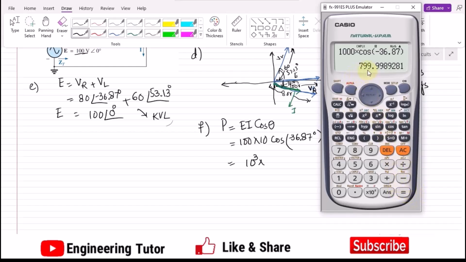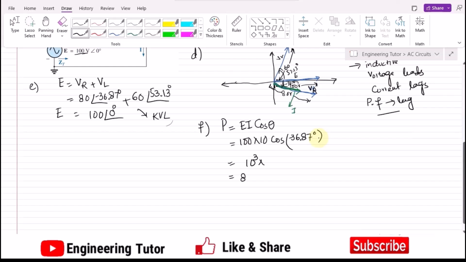So it is now 799.99, which is almost 800. So 800 watt is the power, which is the average power.